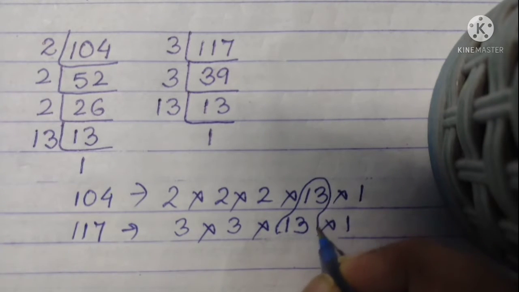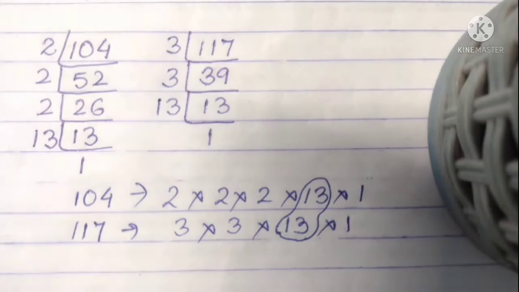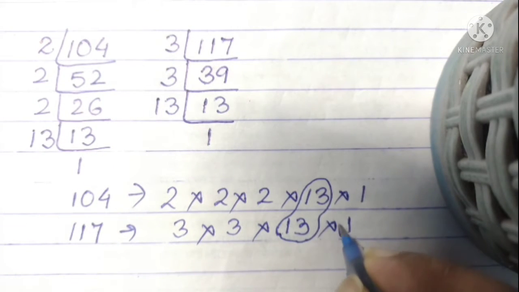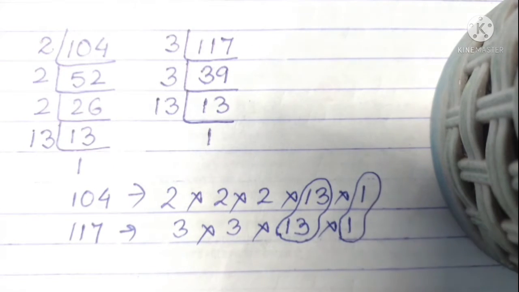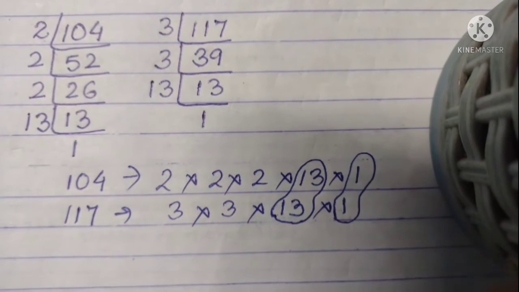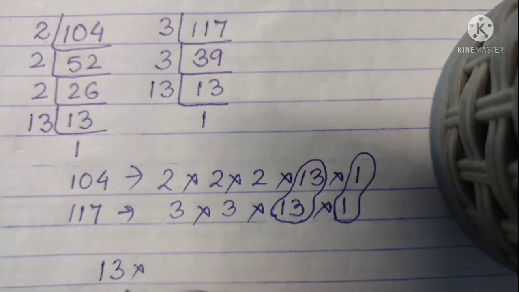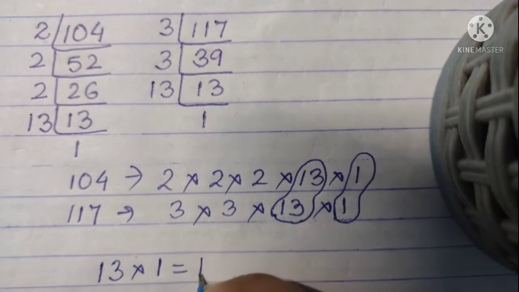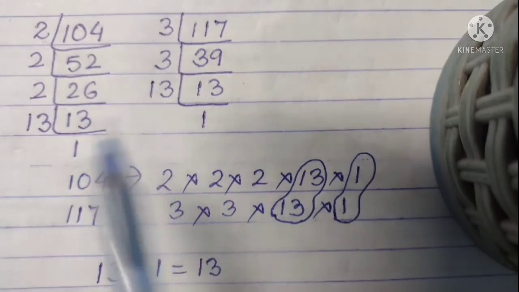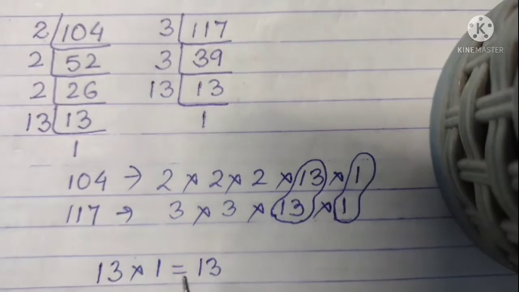This 13 is common and 1 is common. So let's multiply 13 and 1. 13 into 1 is 13. So the HCF of 104 and 117 is 13.